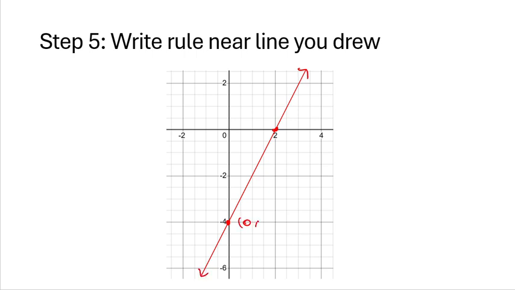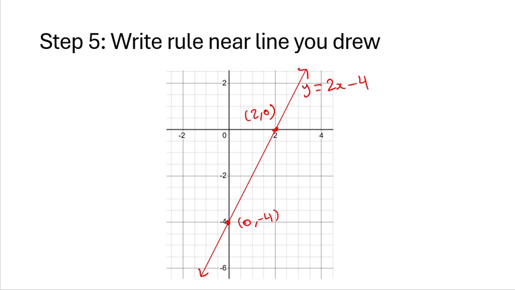So after you label your x and your y intercepts like that, what you're going to do is write your rule nearby. So just write it near the line. I like to write it on the top right, or like, the furthest right hand side. Because I know what my rule is, y equals 2x minus 4.